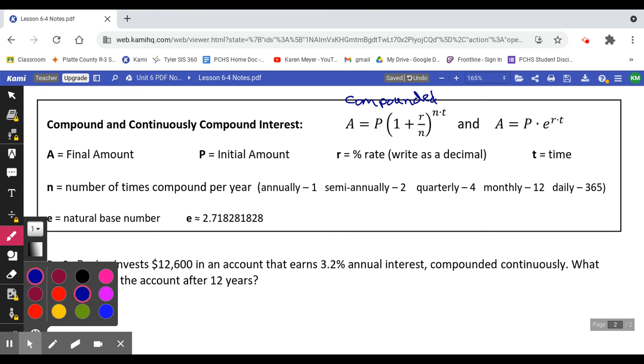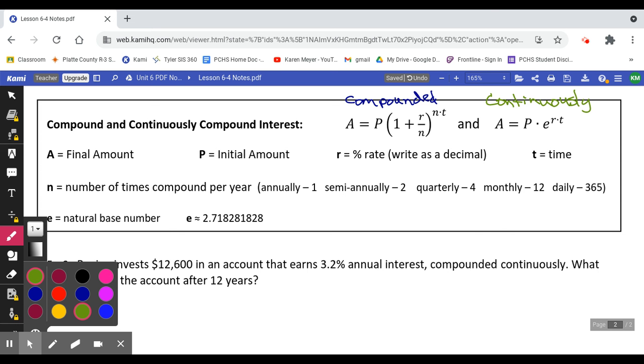And if it says compounded continuously, so if it says the word continuously, that is my second one.